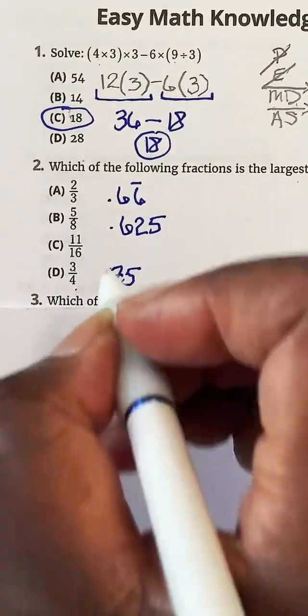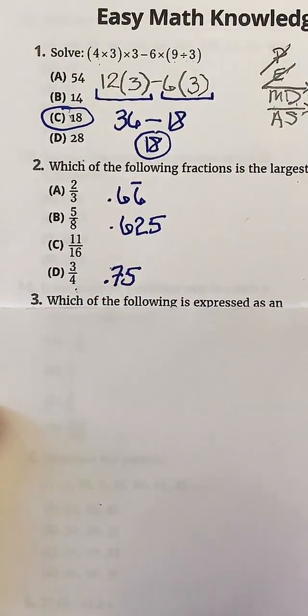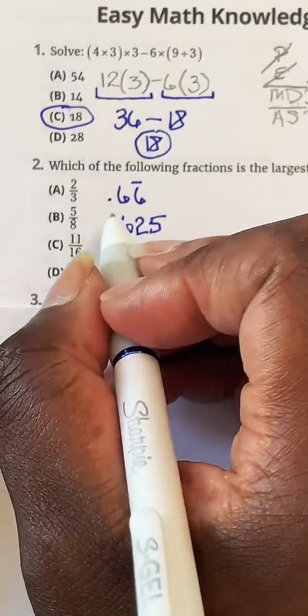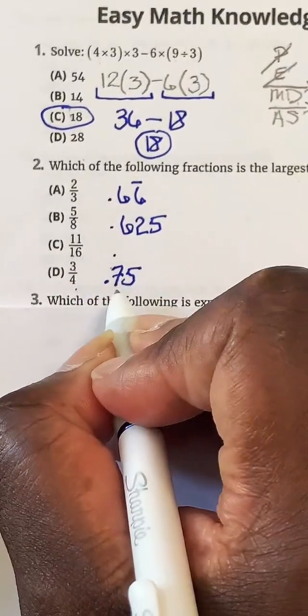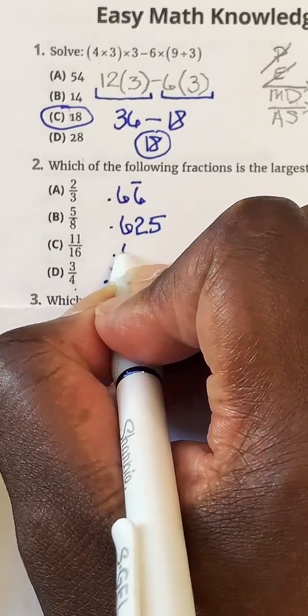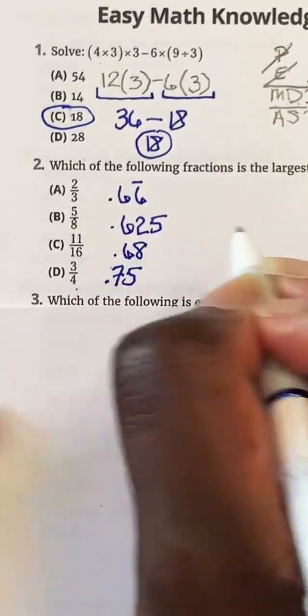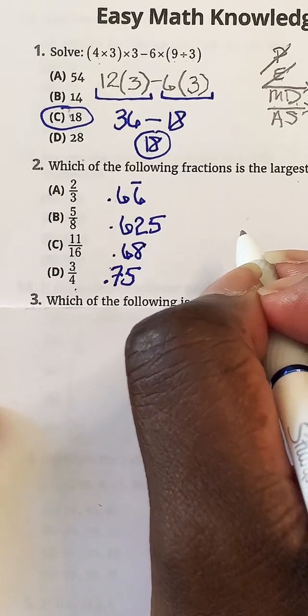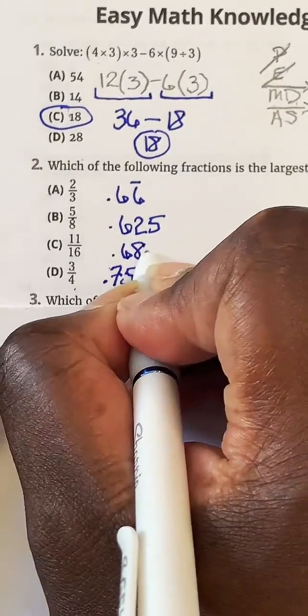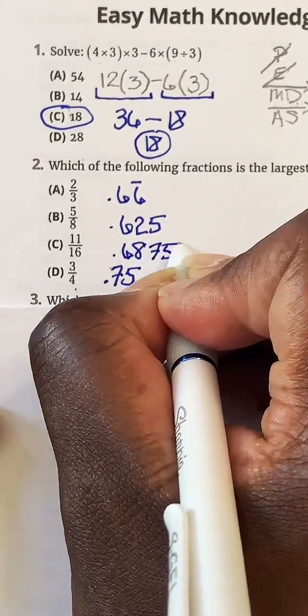If I divide out this 11/16, you would think, okay, but it's still in the 6th family. It's not quite up to the 7s. So it's like 0.6825, I think. No, 75. Sorry, too much mental math.